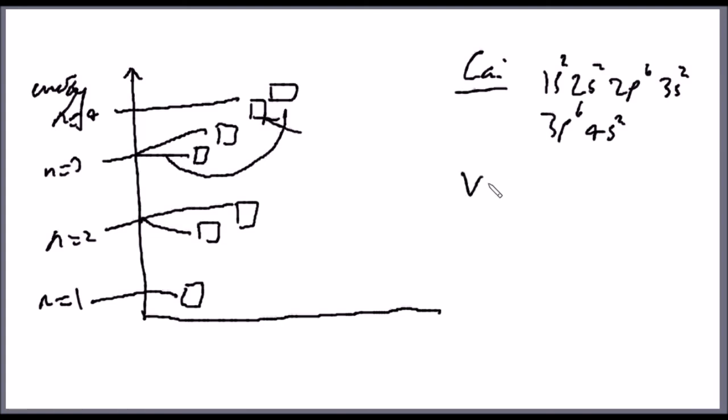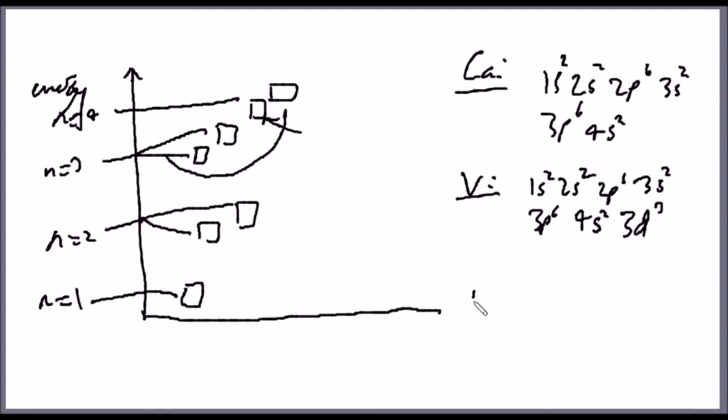Let's do vanadium. That has 23 electrons. So 1s2, 2s2, 2p6, 3s2, 3p6, 4s2, 4s2 fills first again, and then 3d3. So let's just count that. That's 10, 12, 18, 20, 23. Okay, the last one, sodium ion.